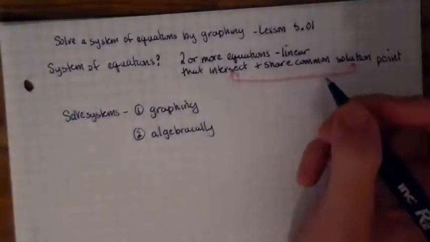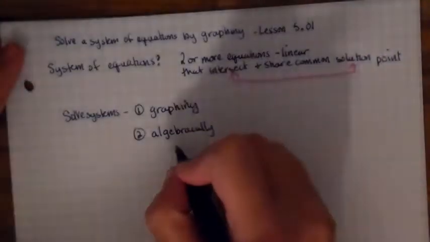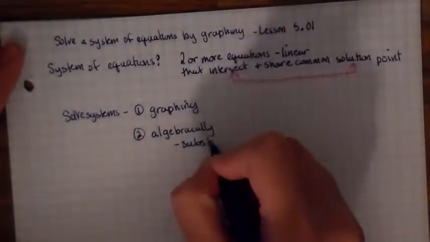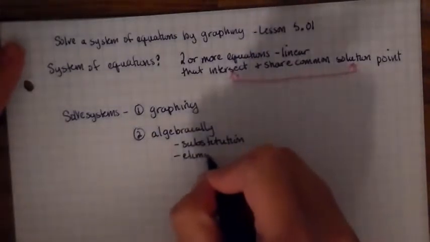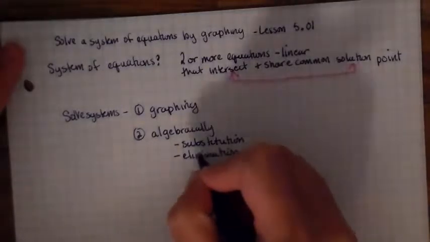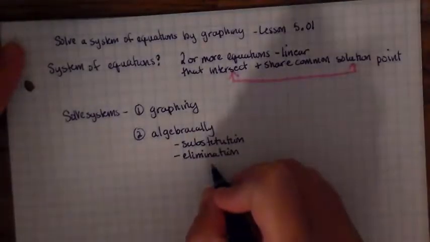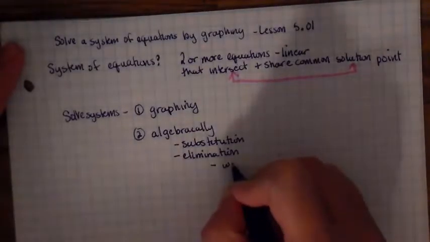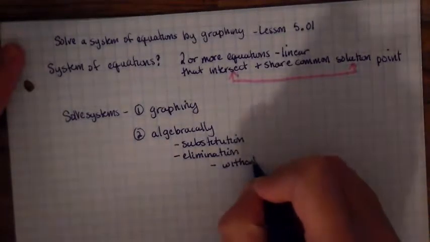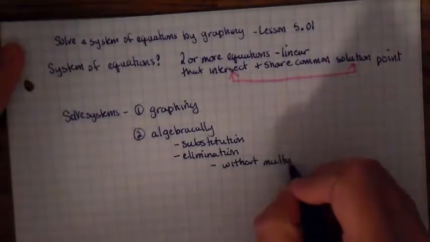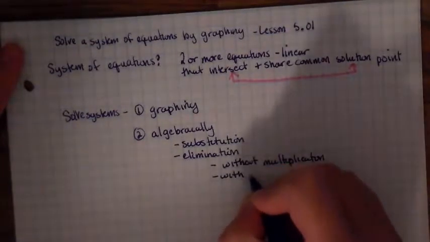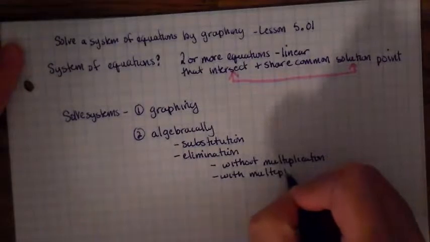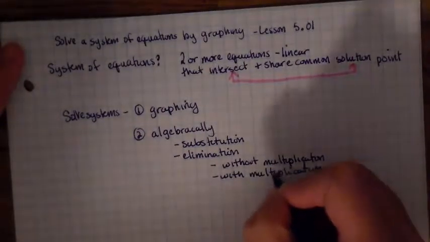Now, if we're solving algebraically, we can use substitution or elimination. And elimination has without multiplication and with multiplication. So we have a few different techniques that we can use.